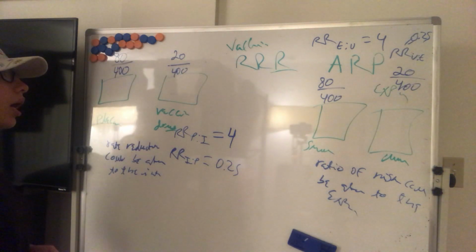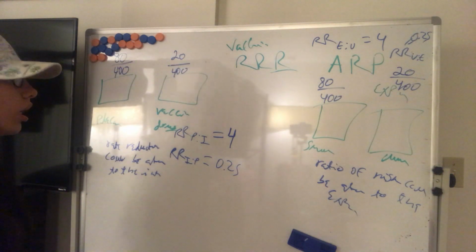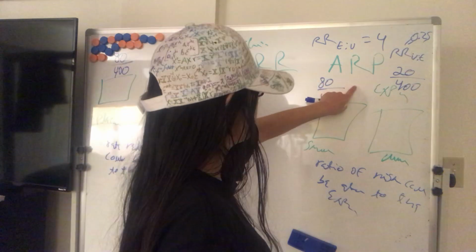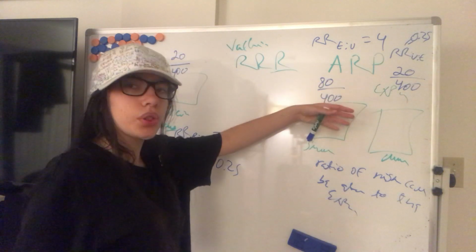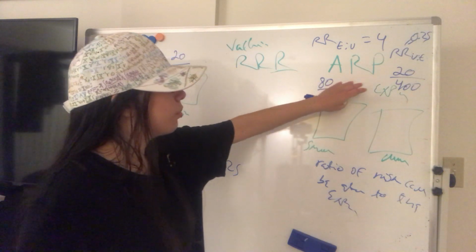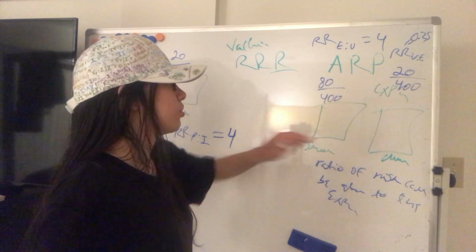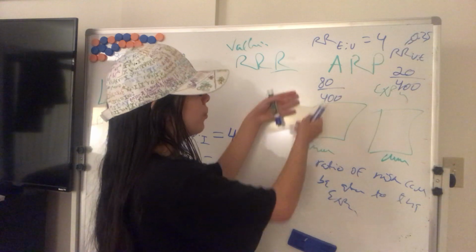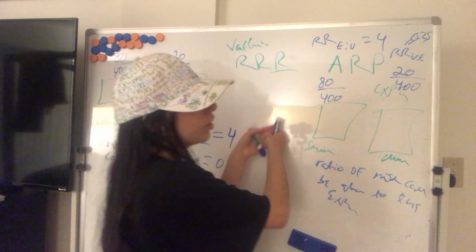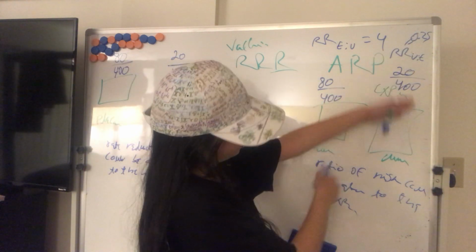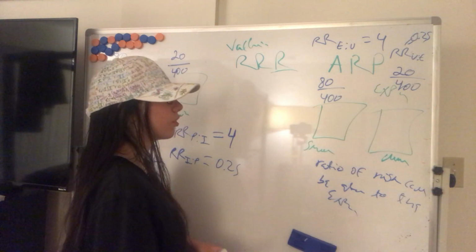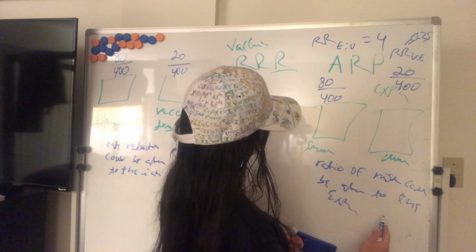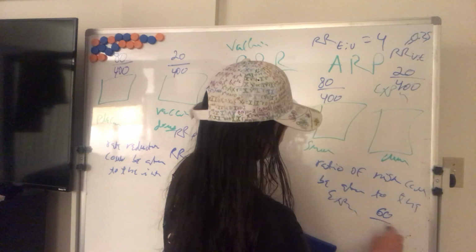Alright, now the attributable risk. Here the attributable risk is how much risk could be attributable to the exposition. So if we have 80 out of 400 that got the disease in the exposed group and 20 out of 400 that got the disease in the unexposed group, this would be 60 over 400.